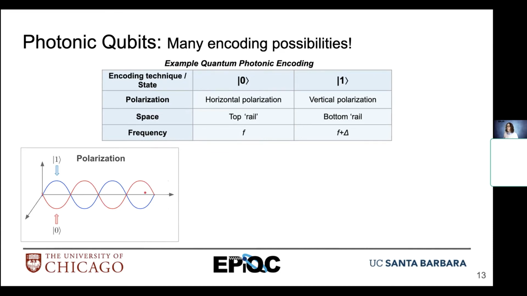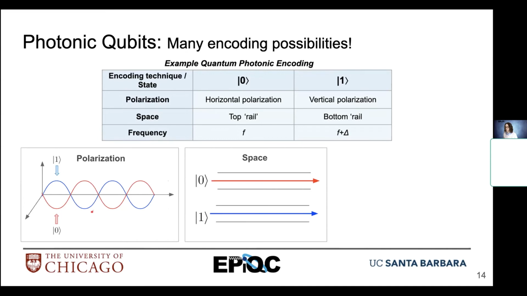If you have a photon that is encoding a qubit, if it has a vertical polarization, that qubit has a value of ket 1, and if it's horizontally polarized, that qubit would have a value of ket 0. If it's in superposition, you don't know if it's in either a horizontal or vertical polarization. Upon measurement, you would see if it's polarized either horizontally or vertically.